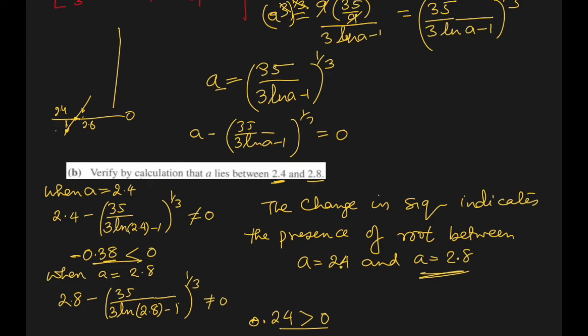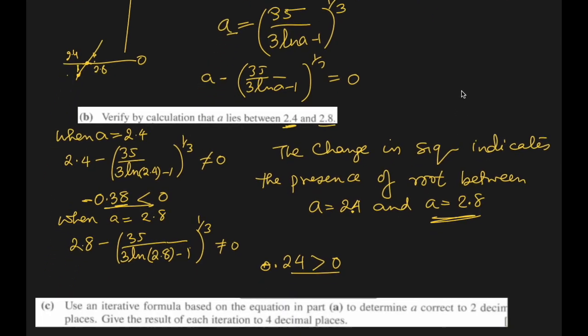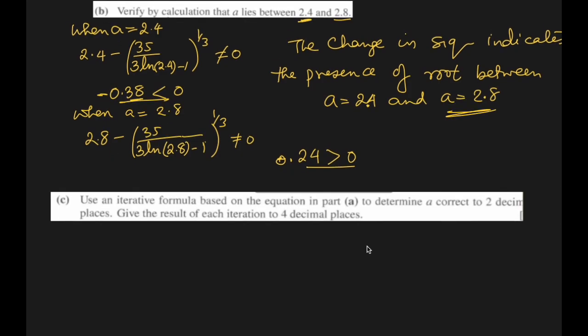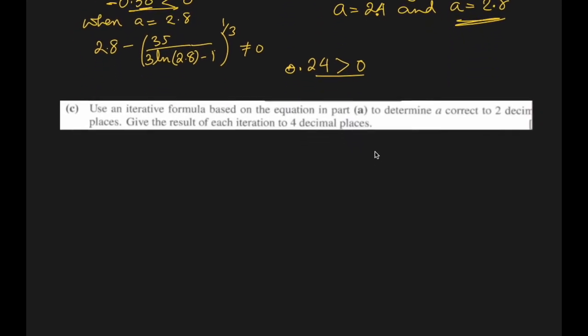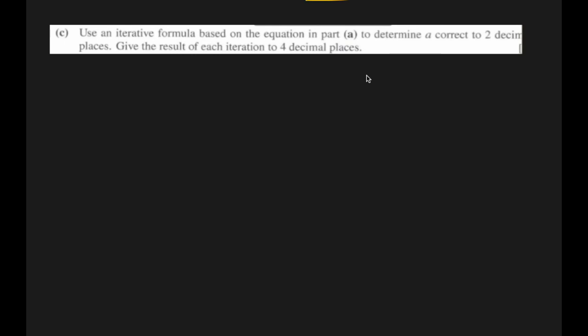Let's see the next one, C part. Use an iterative formula based on the equation in part A to determine a, correct to 2 decimal places. Give the results of each iteration in 4 decimal places. Okay, so let me rewrite the equation. a equals 35 over 3 ln a minus 1, to the power 1/3.